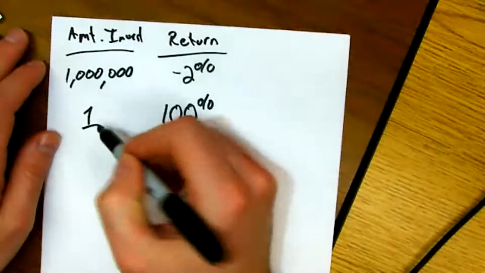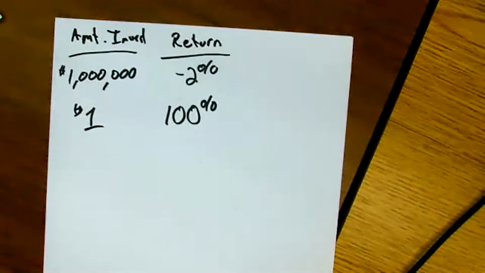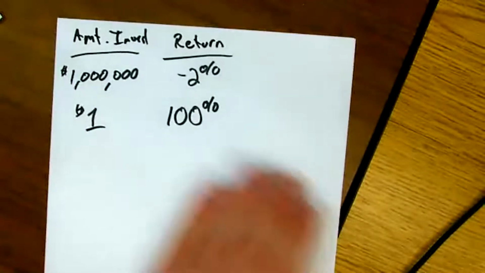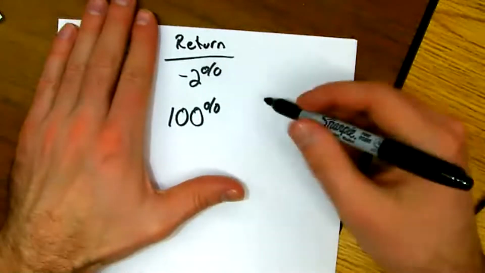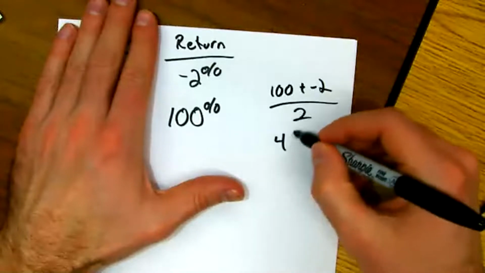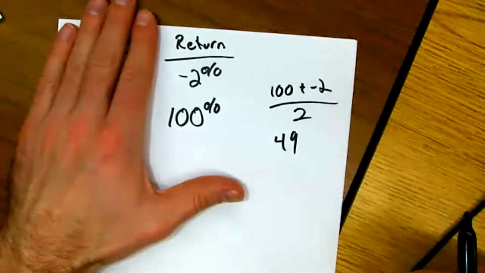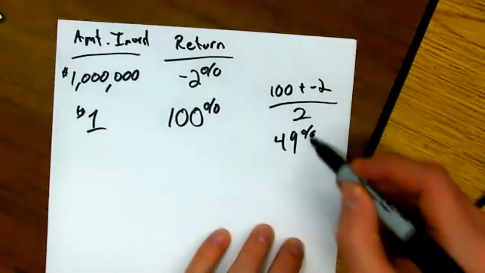And let's say I put $1 into the other stock, right? Well, if I just ignore the amount invested and I say, what's the return of this portfolio? You look at me and you go, okay, you add these up, divide by the number of numbers. So, am I doing this right in my head? 98, yeah. So 49% is my average.